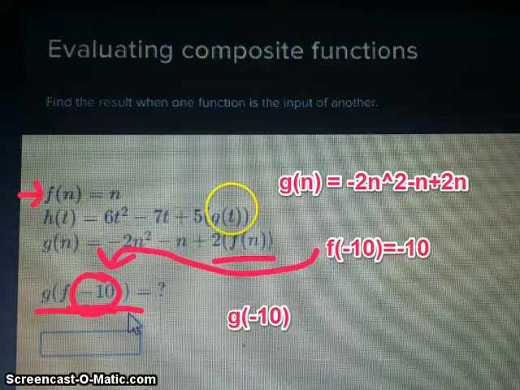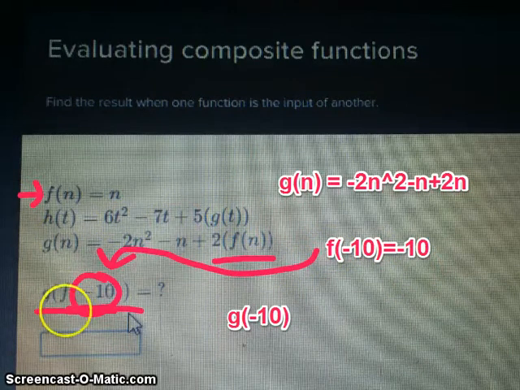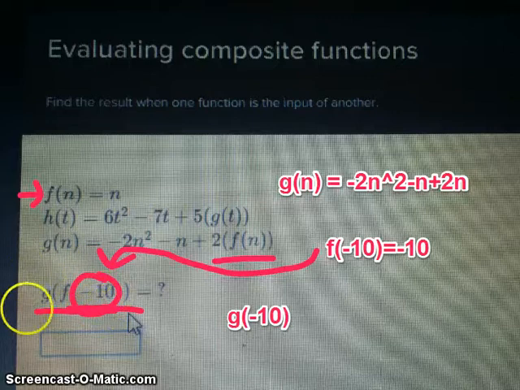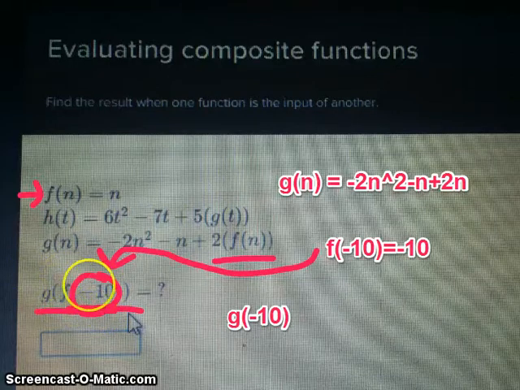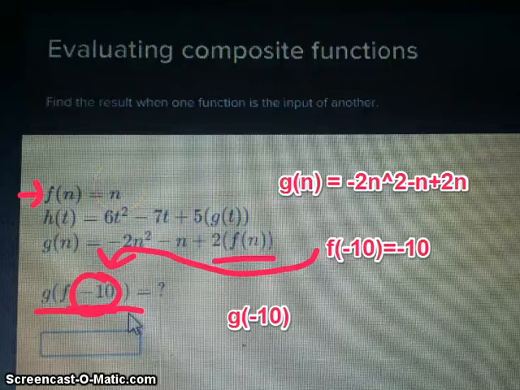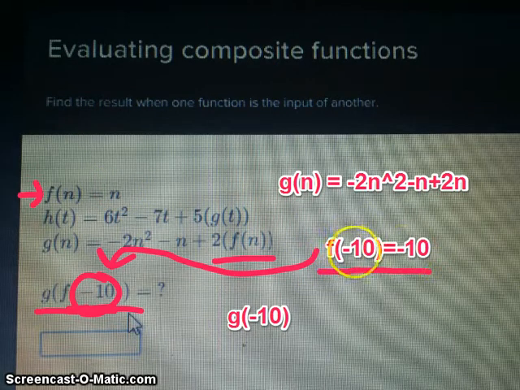And just to review really quick, it asks you f of negative 10, because you always want to work your way inside out on these type of problems. So f of negative 10, you want to evaluate the function f at a value of negative 10. And we did that right here, and we see that f of negative 10 is equal to negative 10.